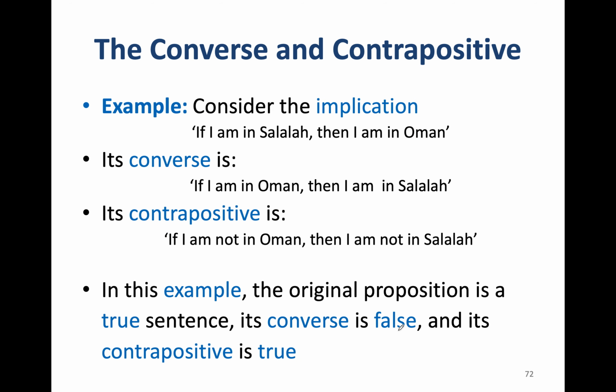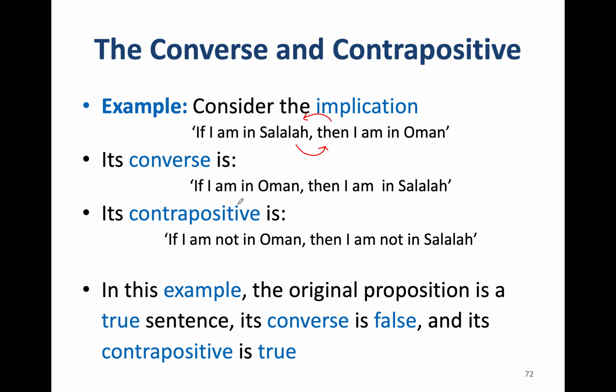Let's see this example in order to understand the converse and the contrapositive. We have this implication: if I am in Salalah, then I am in Oman. Now the converse of this implication is changing the places of the conclusion and the reason. So here we've got: if I am in Oman, then I am in Salalah.